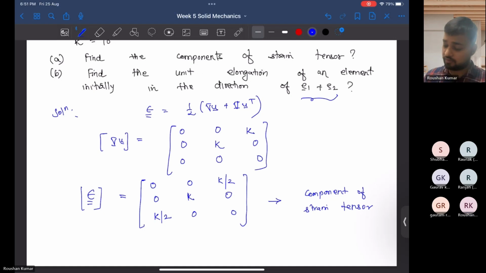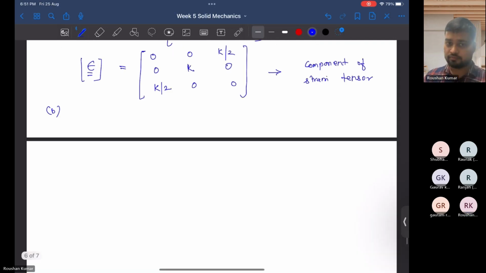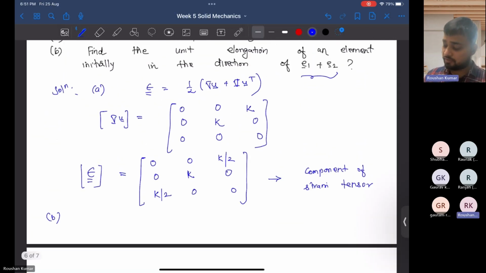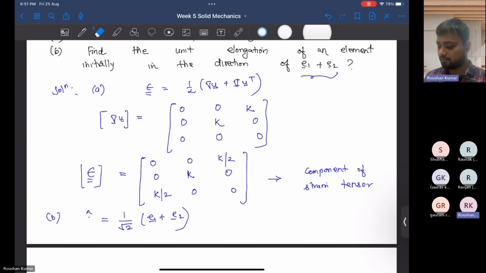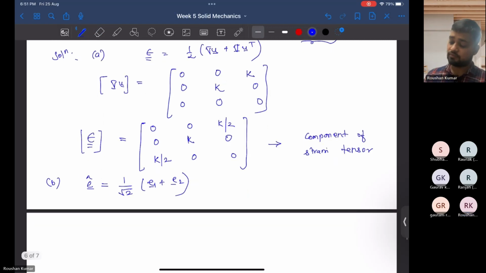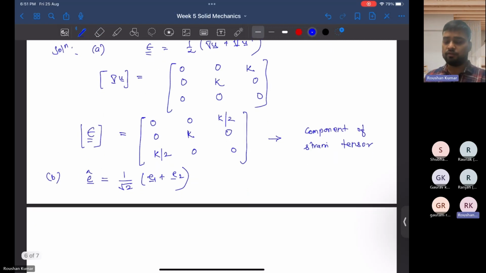This is question number A, and now question number B. We assume that E hat is 1 by root 2 times E1 plus E2. We have to find the longitudinal strain, that is the unit elongation, along the E hat direction.